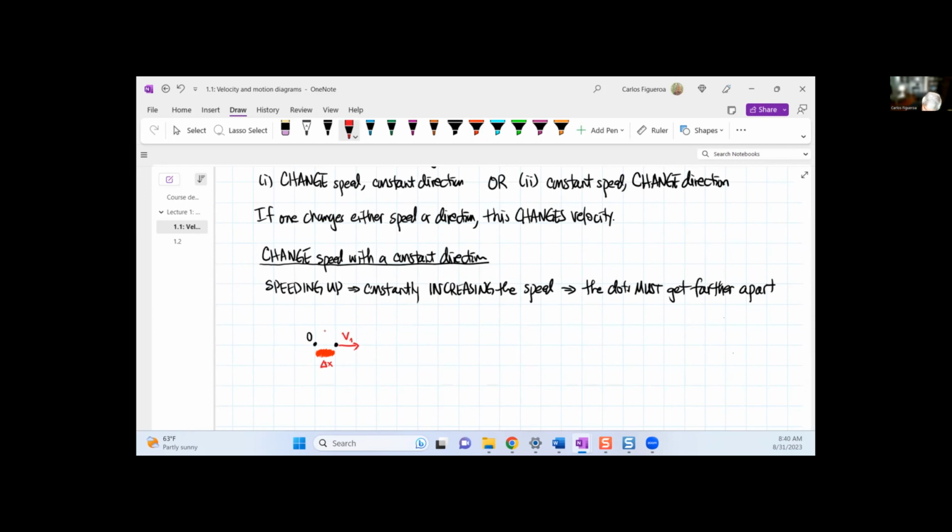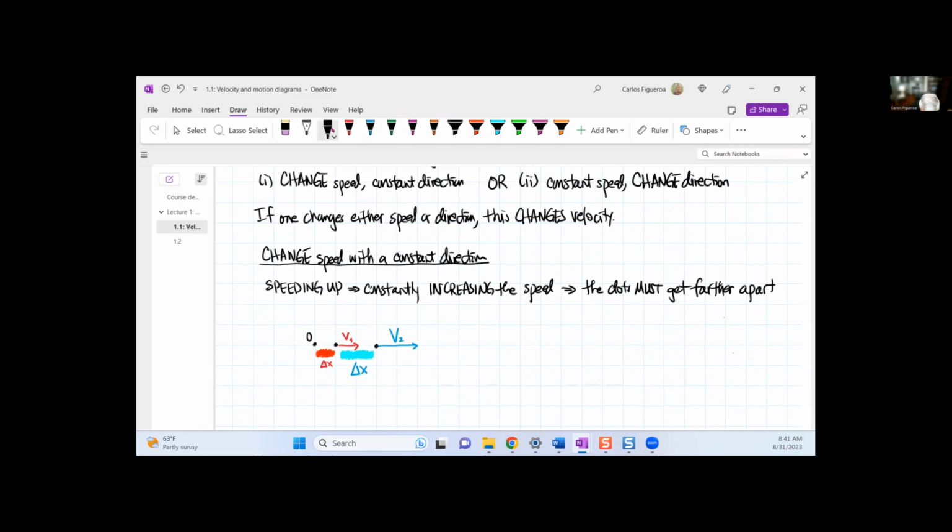Now, if I speed up, the dots have to get farther apart. So then you can see here that this interval is clearly longer, telling me that I have a larger distance between the dots. So therefore, this has to give me a higher speed.